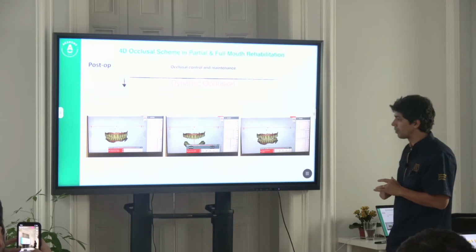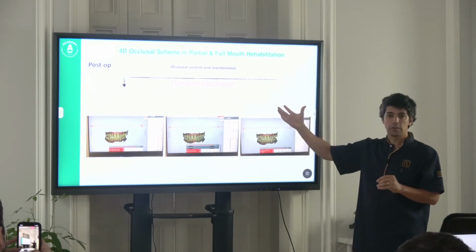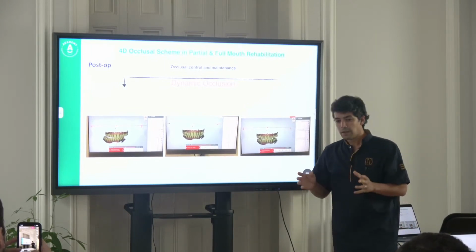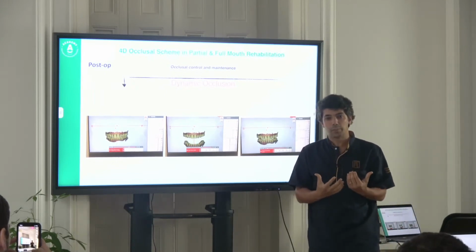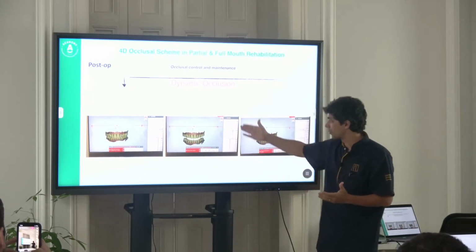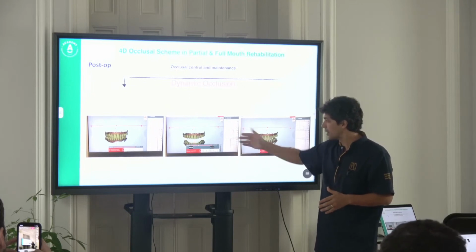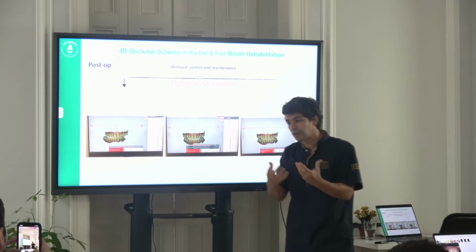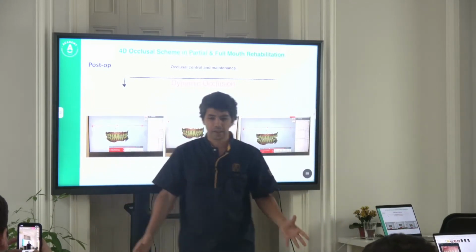On the post-op now, finishing, we have to not only do an occlusal control and the maintenance, but also check and compare what the pre-op was and how much we have solved the condyle path and the interincisal points, because this is what will bring your case to stability throughout time. It's not the aesthetics, guys.